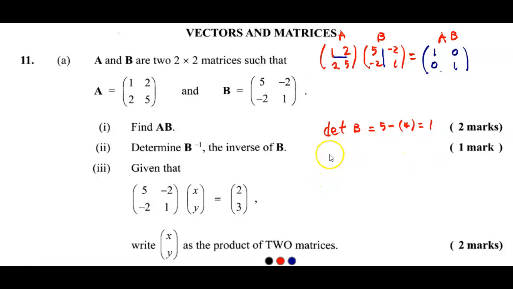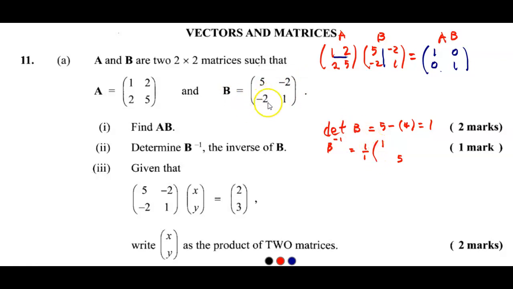Now the inverse, B inverse, is 1 over the determinant. So it's 1 over 1, which is just 1. And then we interchange the elements in the leading diagonal. So we interchange 1 with 5, so we would have 1 there and then 5 here. Then the non-leading diagonal, we multiply it by minus 1.